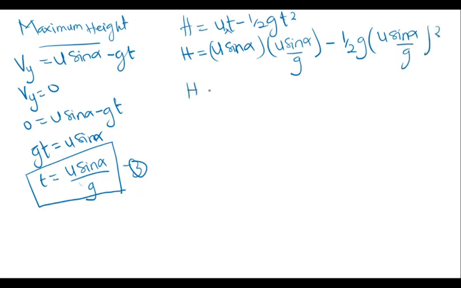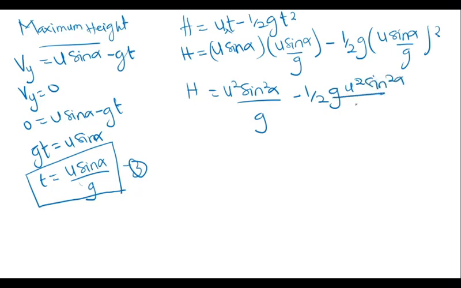So let's simplify this. We get our height to be u squared sine square alpha divided by g minus half g u squared sine square alpha, all divided by g squared. Sorry, there's the g over here.